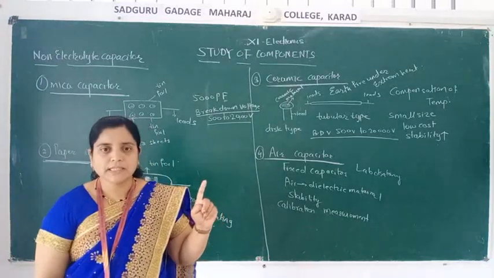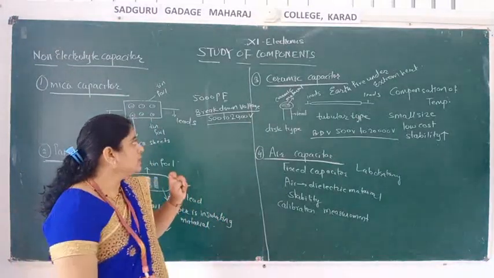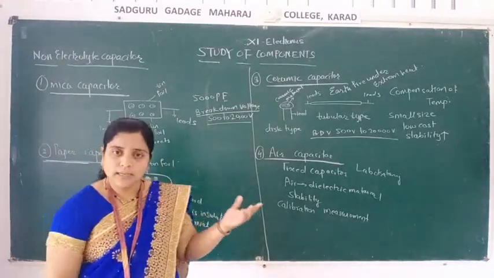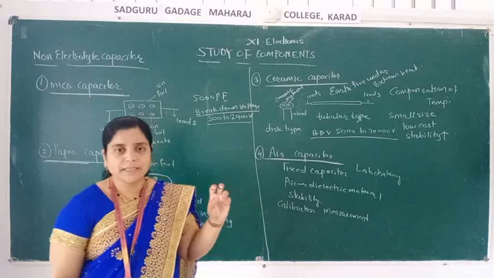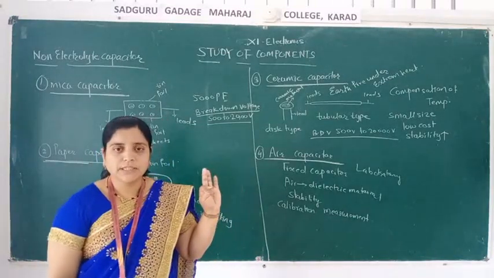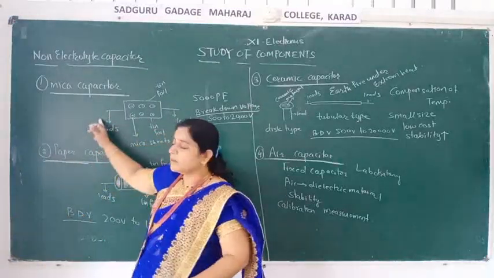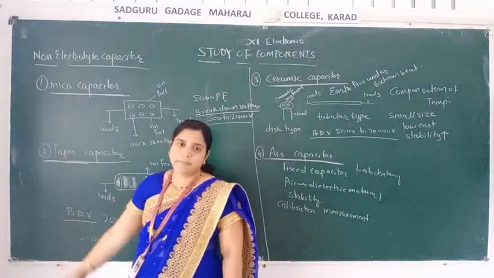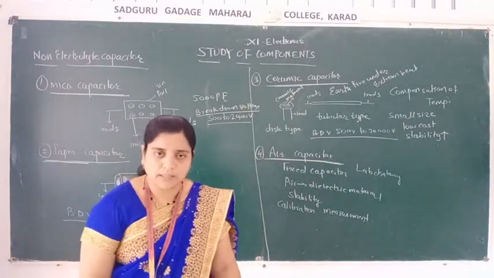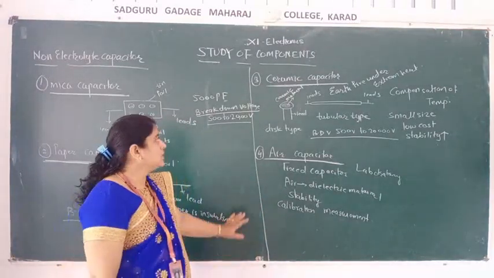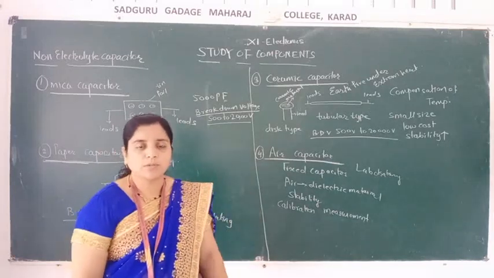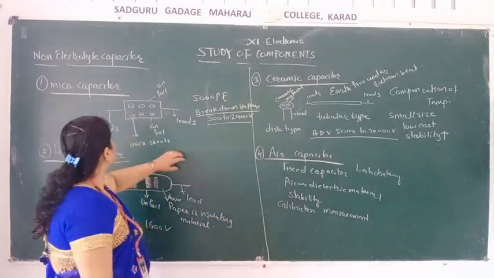In fixed capacitors we have seen the electrolyte capacitor and non-electrolyte capacitor. Non-electrolyte capacitors are 4 types: first mica capacitor, second paper capacitor, ceramic capacitor and air capacitor.